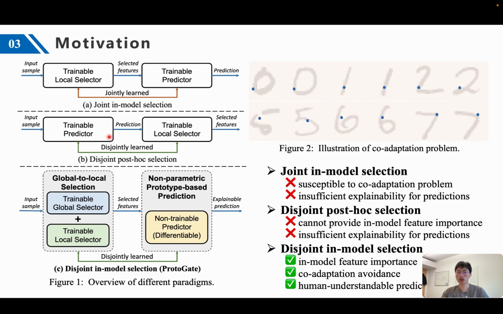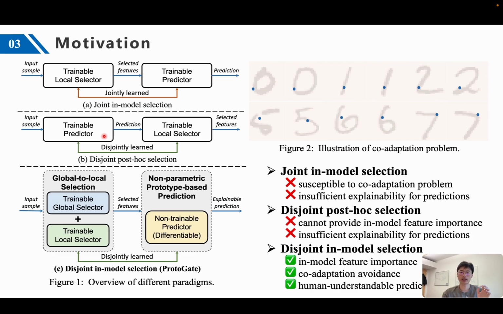However, it also loses the in-model explainability of selected features. In other words, our predictions are now made based on all the features, but the selected features are never really used for predictions. They're just used for interpretation. So that's also a harm to the interpretability of the model.